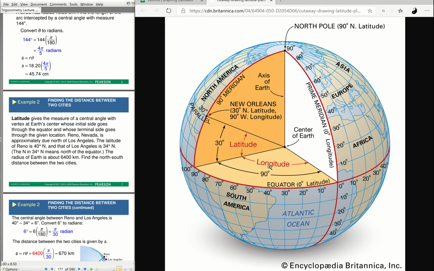Now longitude also, while we're at it and we have the picture in front of us, is measured from this great circle that you see. It's the other great circle of interest on Earth, and a great circle is just any circle you can draw around the Earth whose center is the same as the center of the Earth.